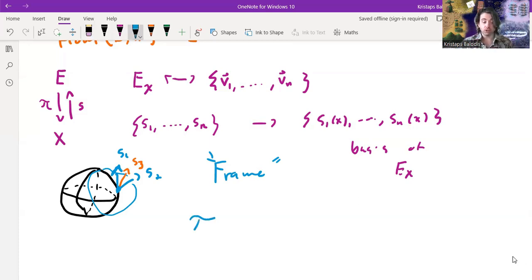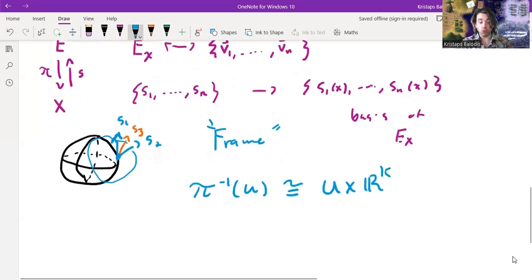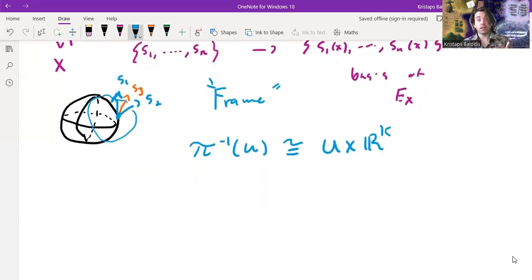Recall that at each point we can find some open set so that the inverse image of that open set is simply diffeomorphic to just a Cartesian product, right? And so locally, we can find a frame. It's not going to work for the entire vector bundle, but it will work over this open set, right? All we need to do is just pick any old basis of R^k, so v_1 to v_k.